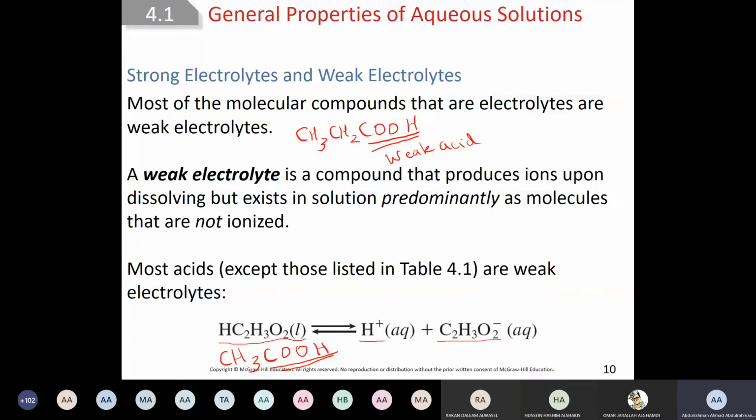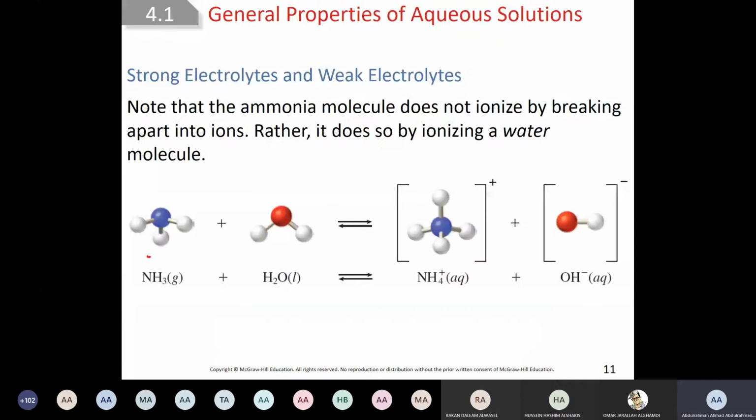Okay, good. Of the bases, the most important weak base that you should know is this base. What's the name of this base? Ammonia. Ammonia is a weak base.